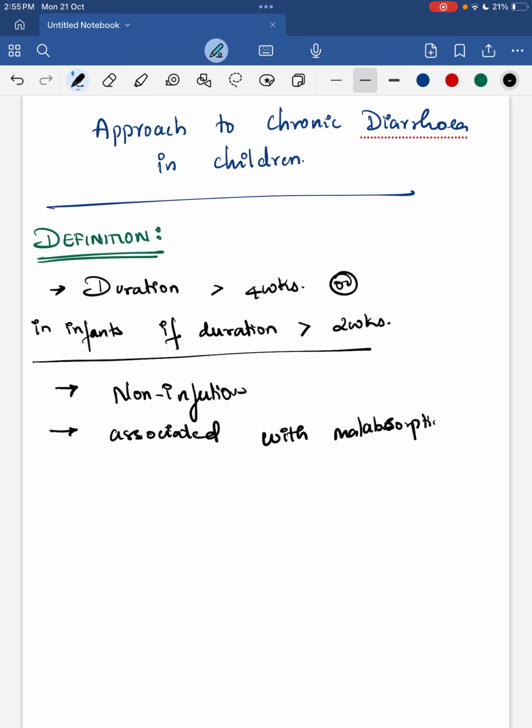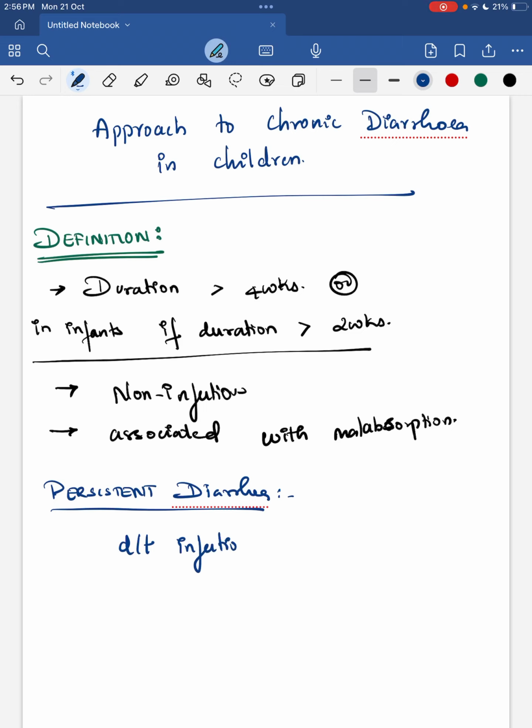Persistent diarrhea is an episode of diarrhea due to an infectious etiology that starts acutely but lasts more than 14 days, right?